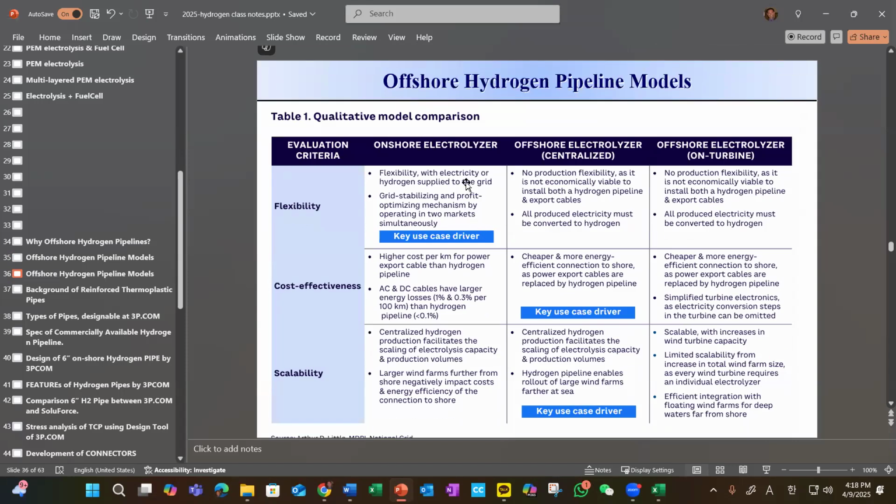Each one has pros and cons in terms of flexibility, cost effectiveness, and scalability. Scalability means that we can extend it to more power and more sites, and so on.